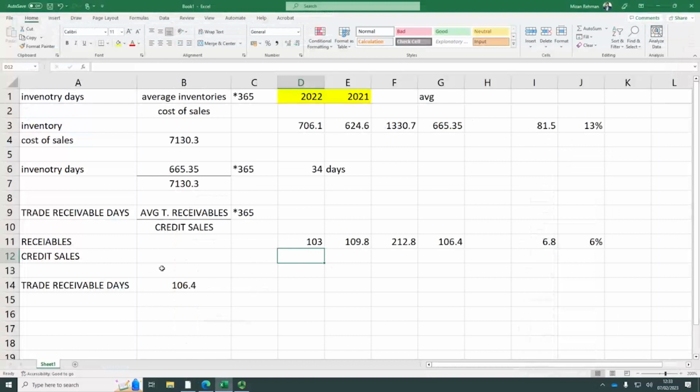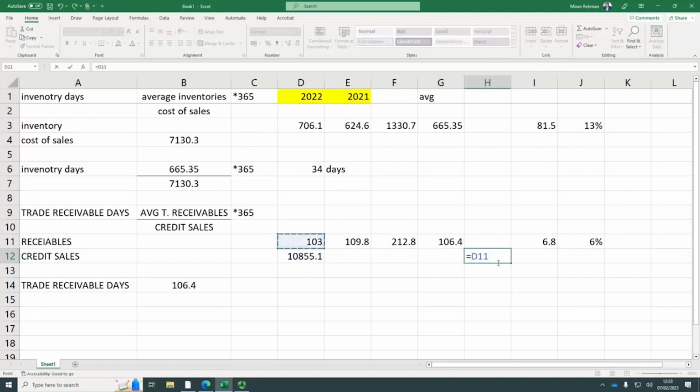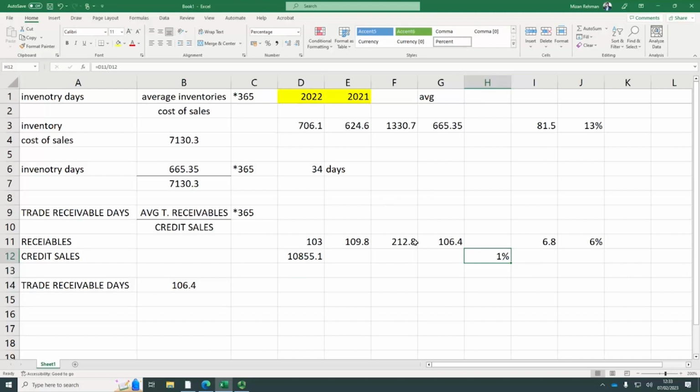So I do this analysis which I'm doing for others, and the first thing I'll do is a percentage of receivables or debtors of revenues, and this is 1%.